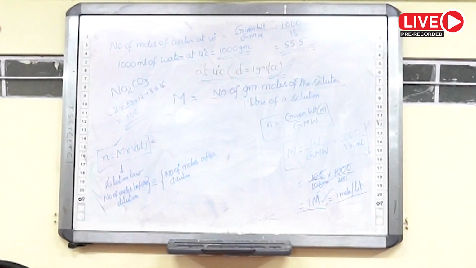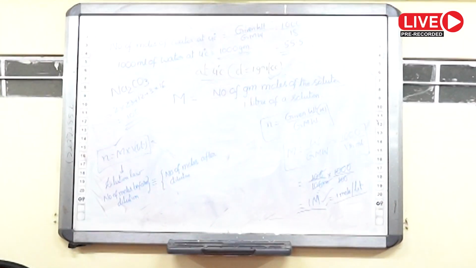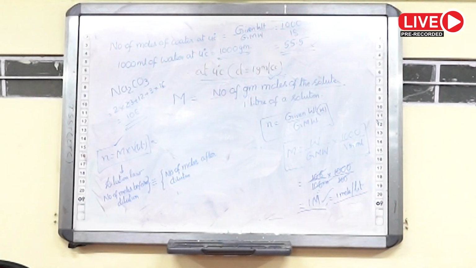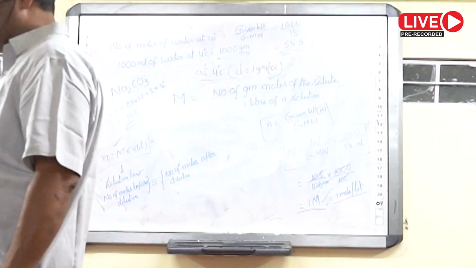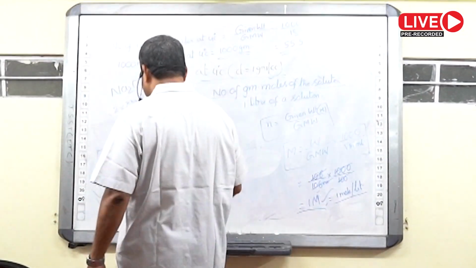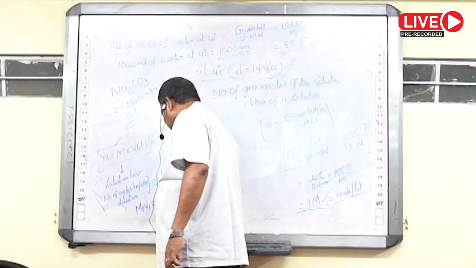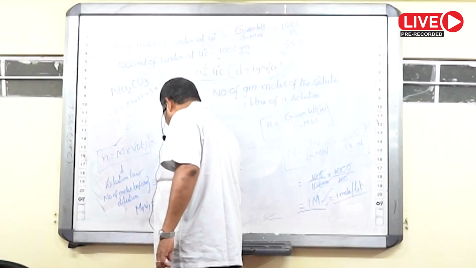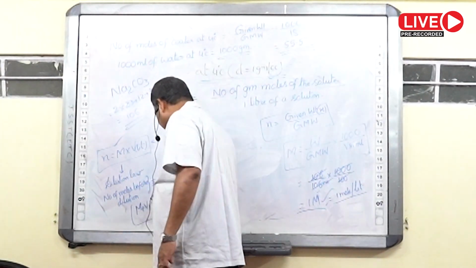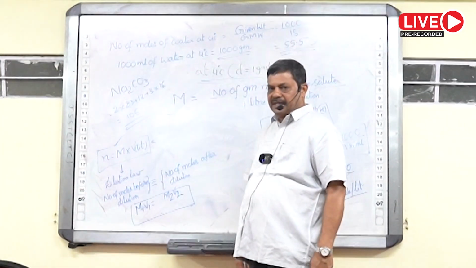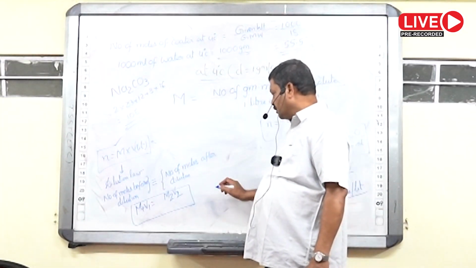But moles are same. So number of moles before dilution is equal to number of moles after dilution. From this we can say M1 V1 is equal to M2 V2.